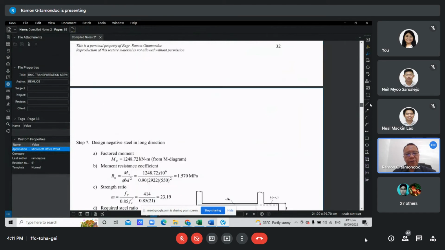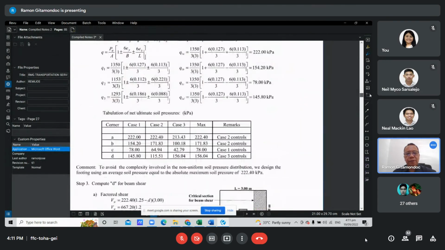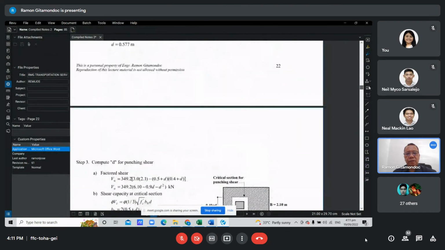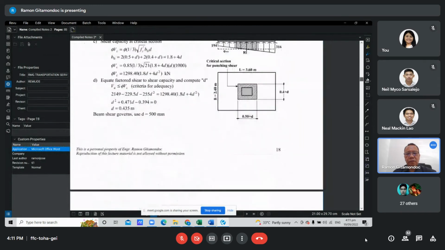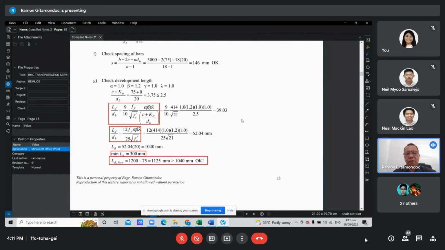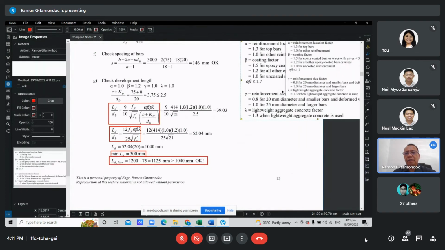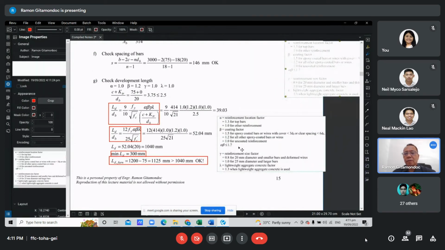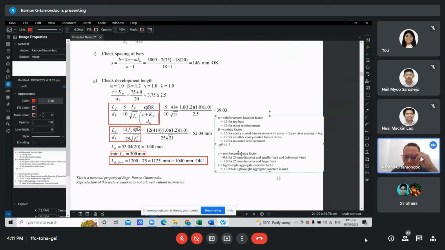Okay, alpha is the reinforcement location factor. This is not a top bar, and therefore we have 1.0.